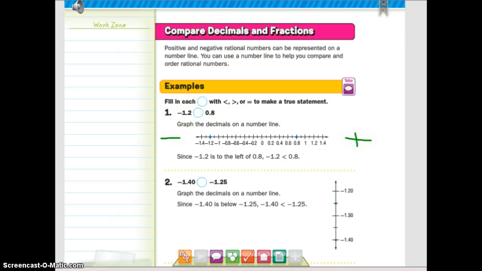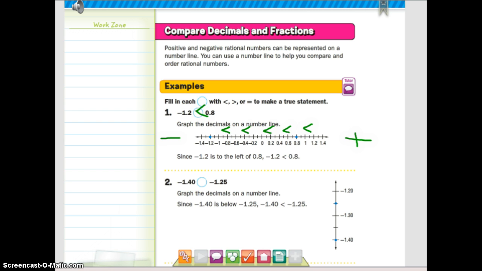Is it less than, greater than, or equal to? Well, we know that all negative numbers are smaller than all positive numbers. It doesn't matter what the value is. We know that all negatives will be less than all positives. Notice the little less than signs on my number line.